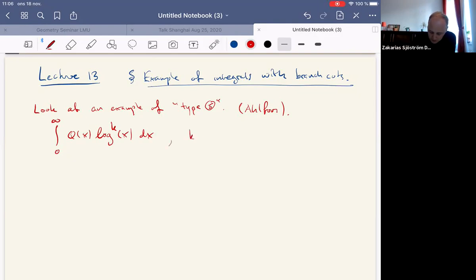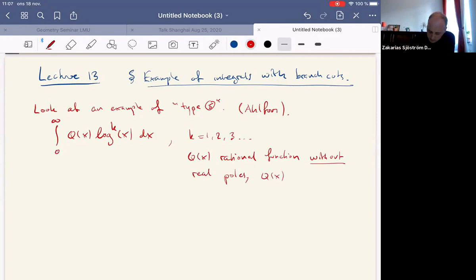And here k is some positive integer, so 1, 2, 3, and so on. And q is some rational function without, and this is always a key point, without any real poles.